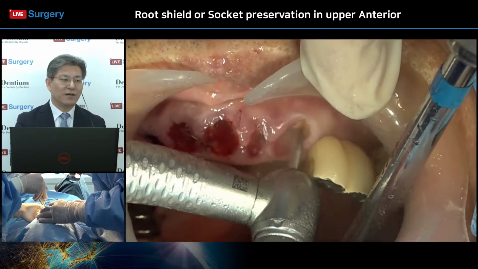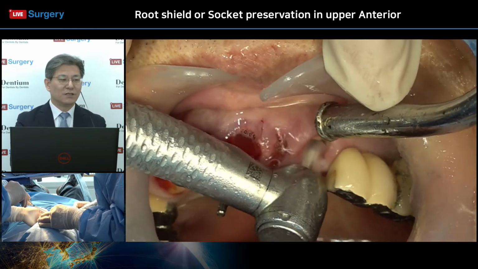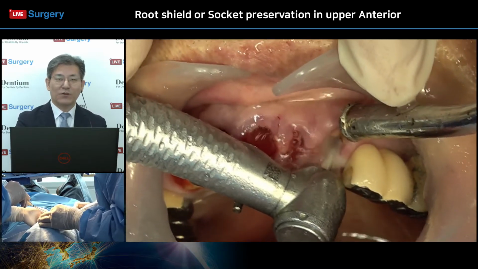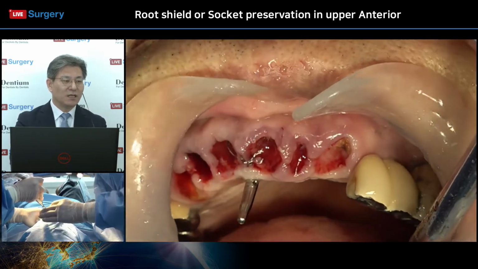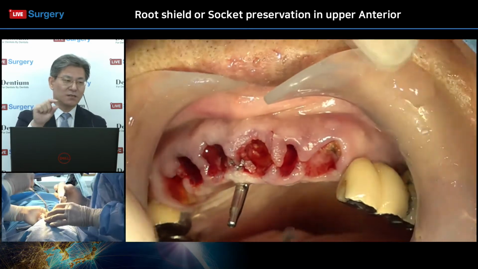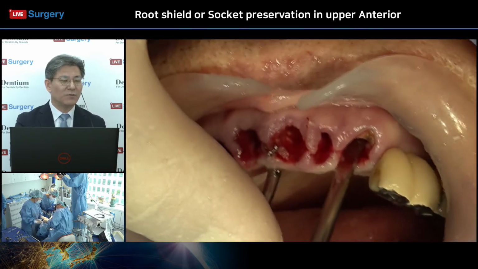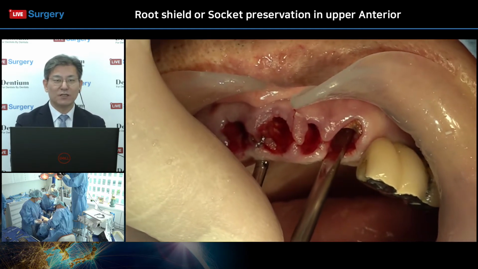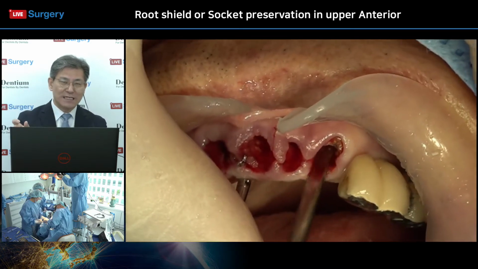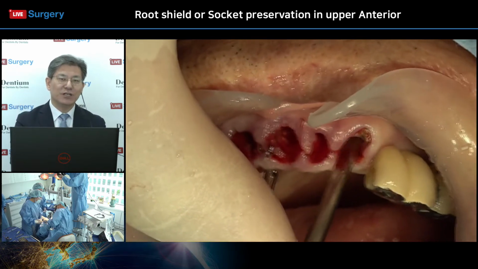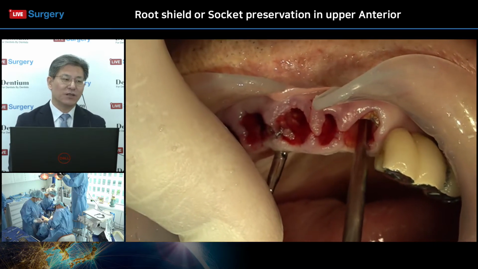But actually there are different categories of this root shield. Category 1, actually class 1, is the semilunar type, looks like a half-moon; this shield is popular. But another category introduced is the C-shape. The C-shape shield is bigger and covers the socket area.